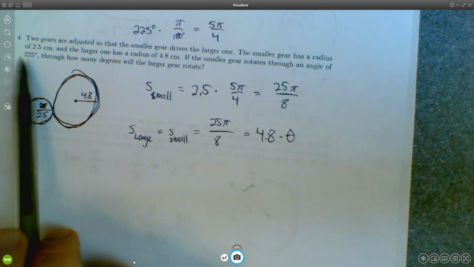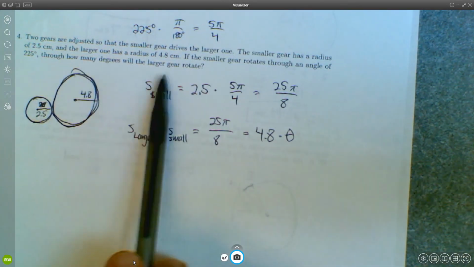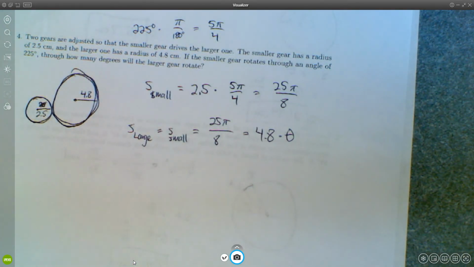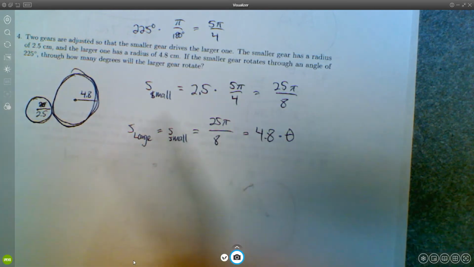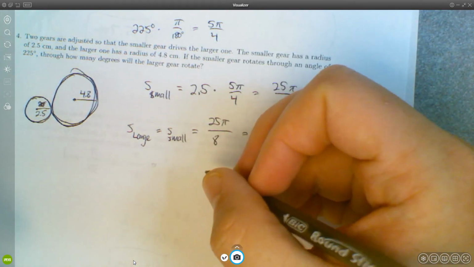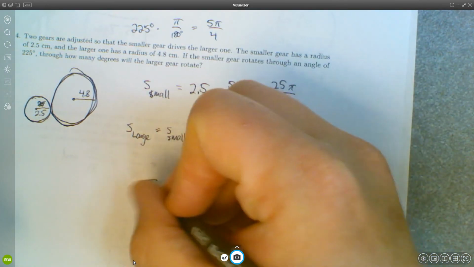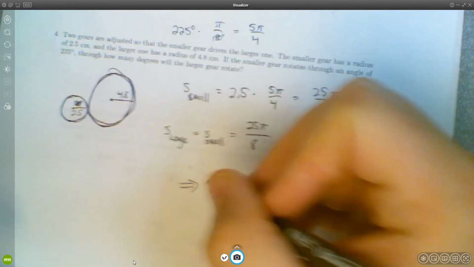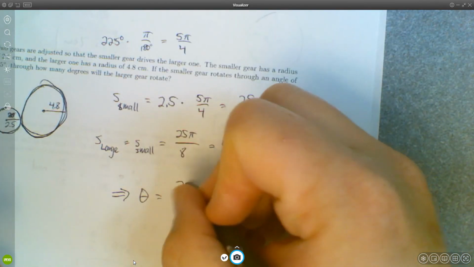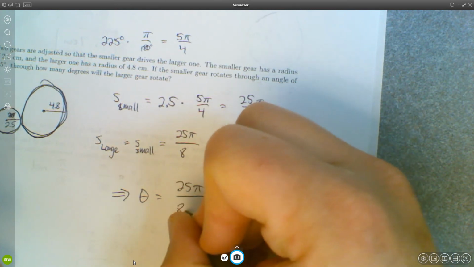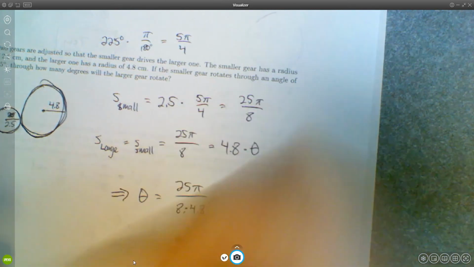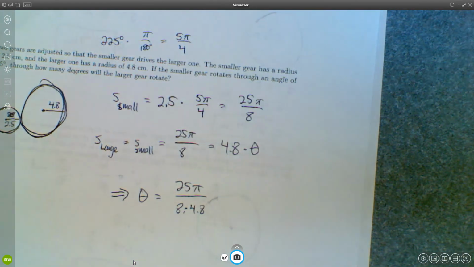Well, actually, we want to take this back to degrees, don't we? It says through how many degrees will the larger gear rotate, and the answer I'm being given here is in radians. So, on second thought, maybe I want to leave it in its exact form, at least for now. So we would get theta equals 25 pi over 8 times 4.8, right?